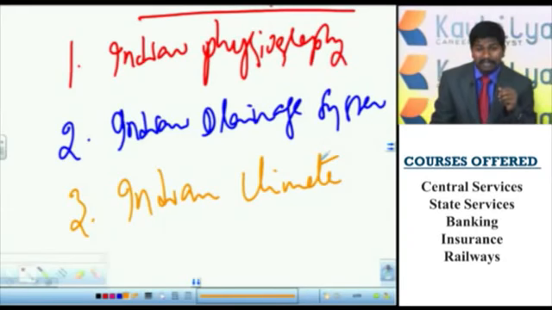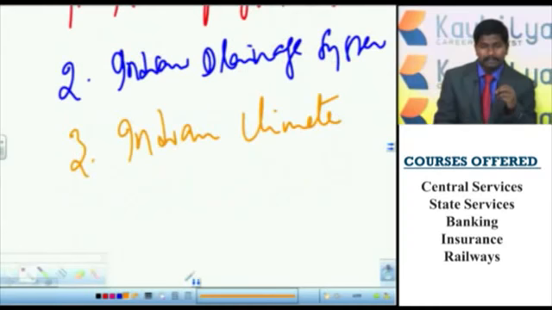Finally, the distribution of rainfall in India: how rainfall is distributed across the length and breadth of India, how the mechanism of monsoons developed over India and sweeps throughout the country, how the Indian landmass receives rainfall in a particular season, and why it does not get rainfall in other seasons. All that we will discuss in Indian climate.